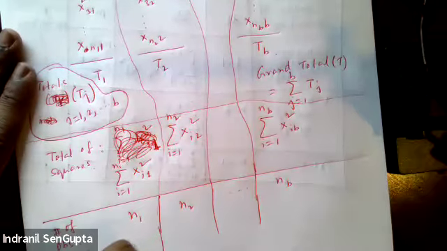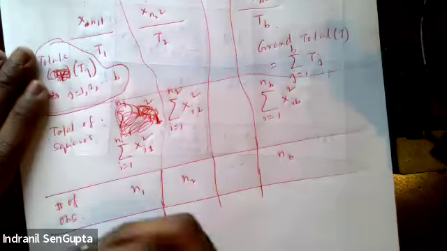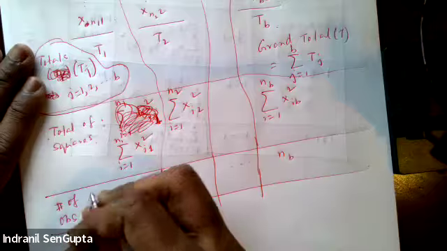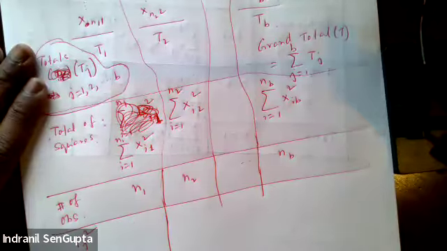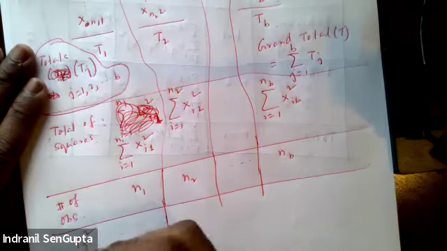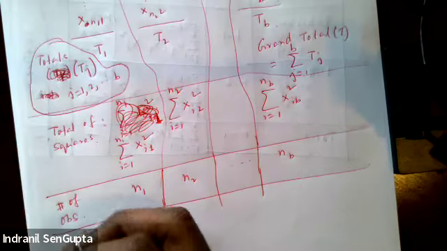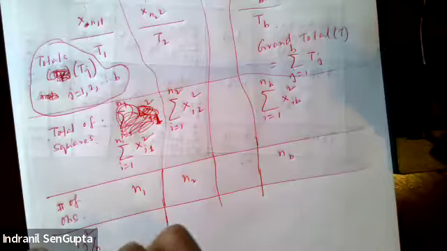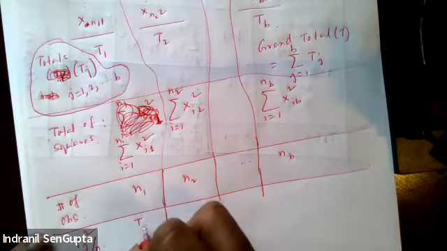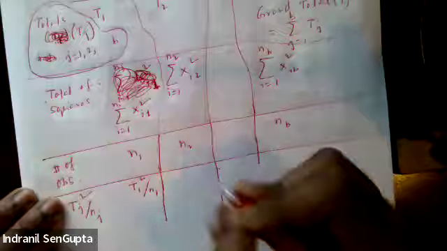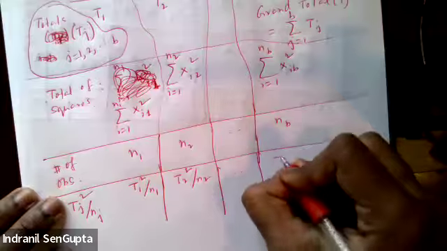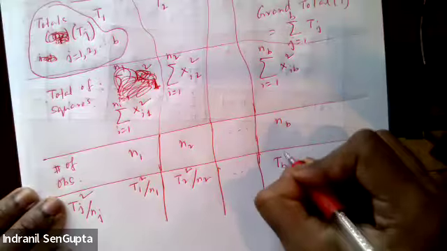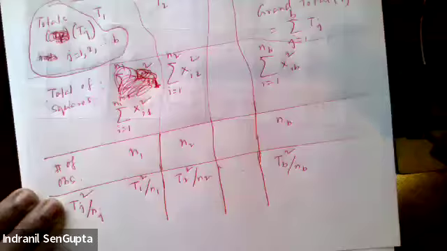So I can write tj squared over nj, which in this case would be t1 squared over n1. You'll see why I'm using all this. t1 squared over n1, t2 squared over n2, and t_b squared over n_b.